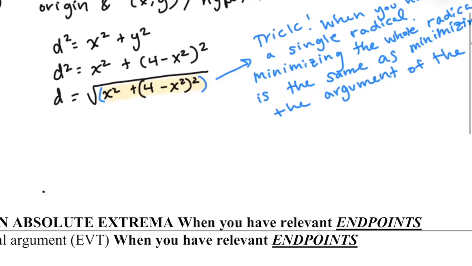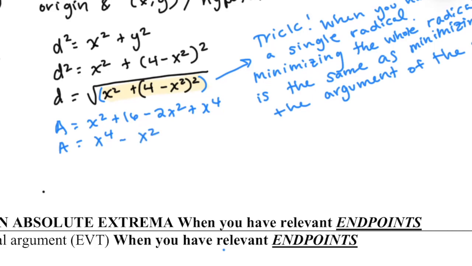And so I'm going to keep writing in blue for the little trick, and I'm just going to call this A, I guess, for argument. And so what I'm really just going to simplify is this thing. Like that. Then a little bit more simplification. A equals x to the 4th minus x squared plus 16.